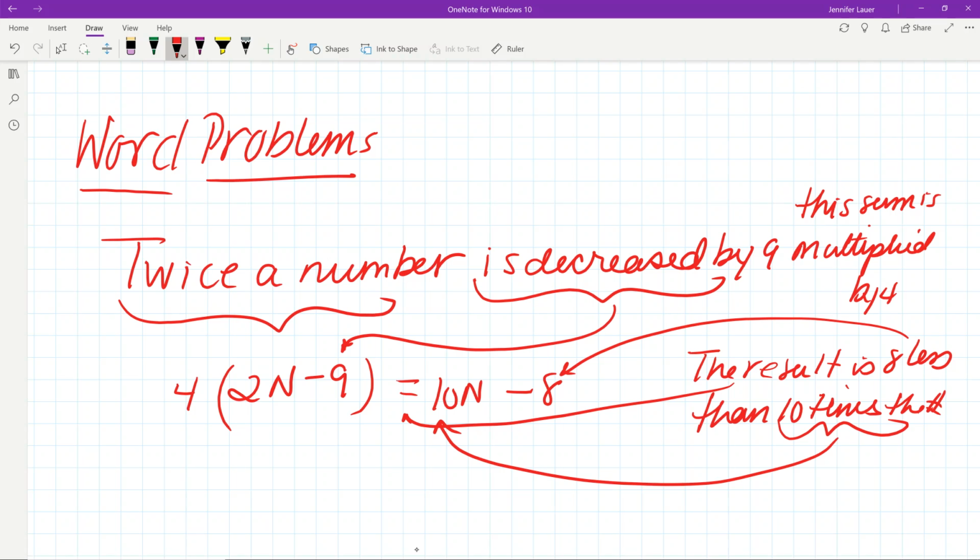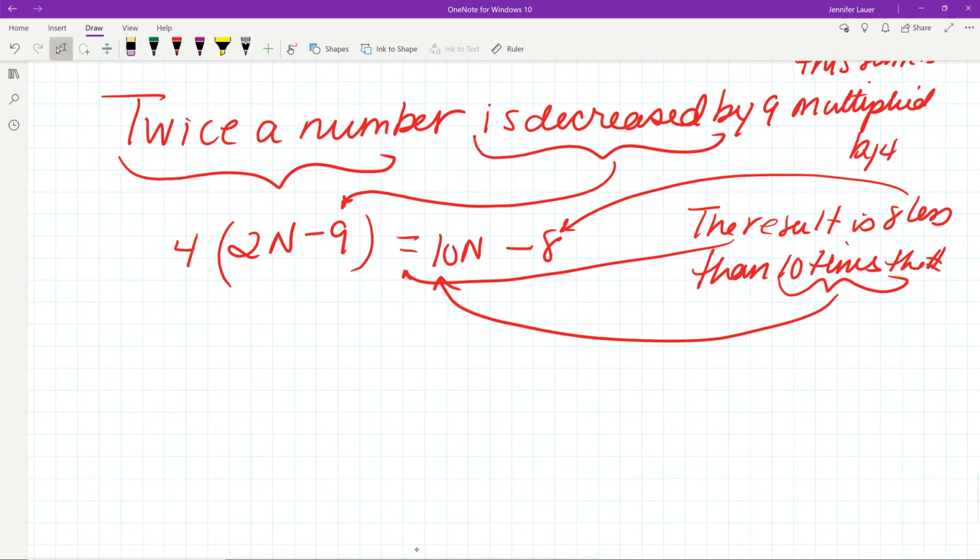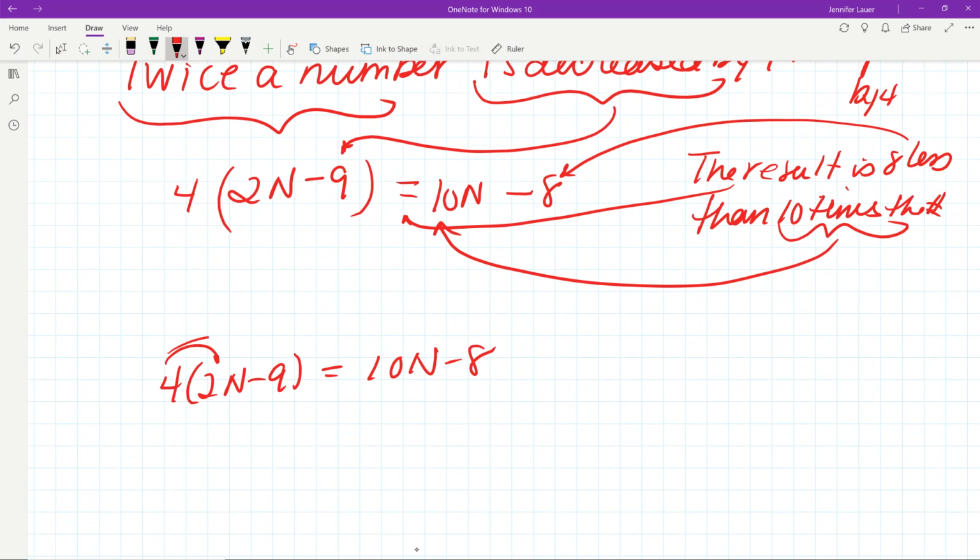So what we've done now is we've taken this word problem and turned it into numbers and math symbols. This is a huge part of algebra. You've got to really be comfortable with this. Once you're here, you're pretty much back to algebra, which is just multiplying through. This is 8n minus 36 is equal to 10n minus 8.